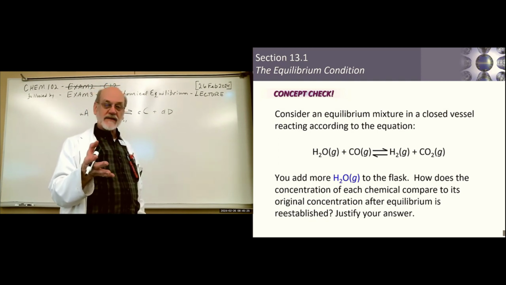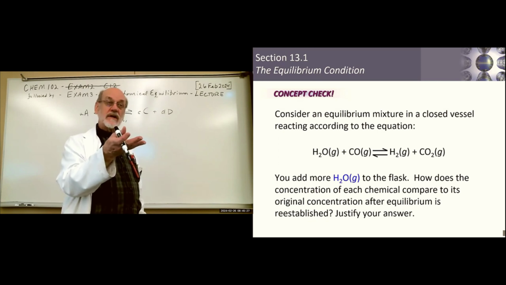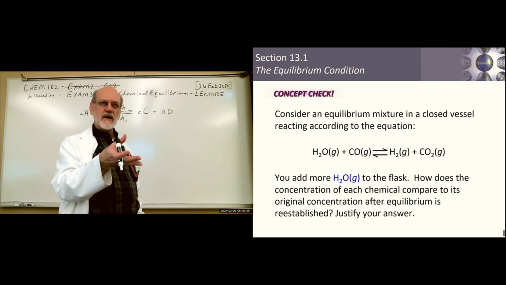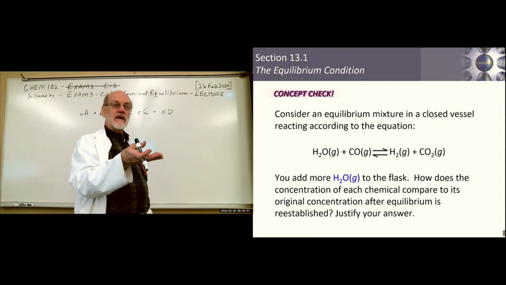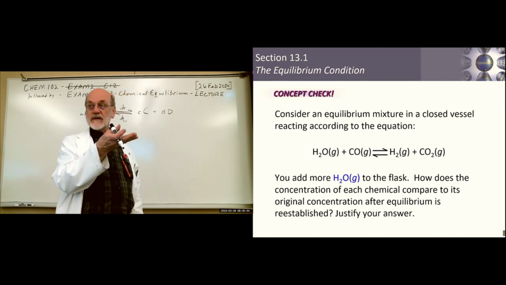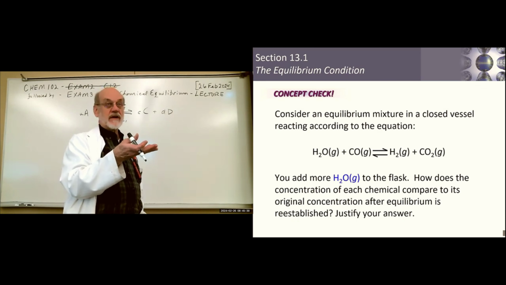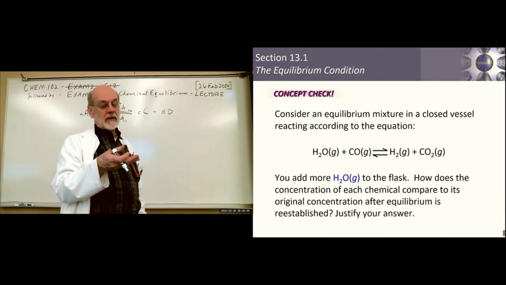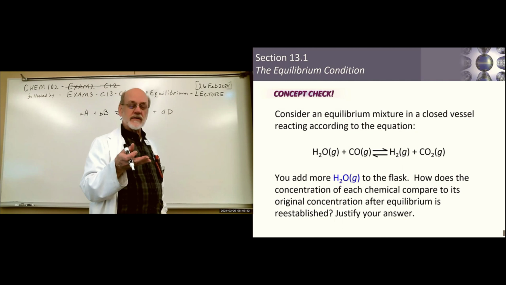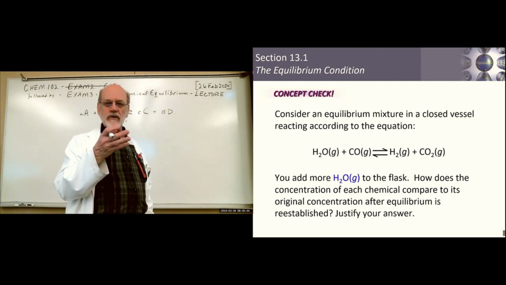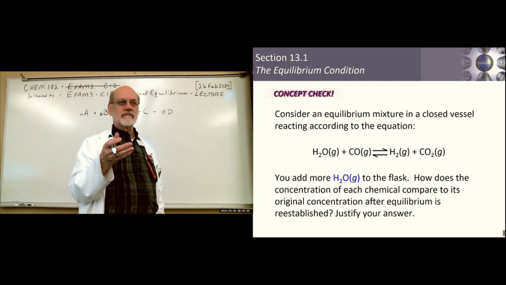And what you're going to find is that with that increased amount, we look at the reaction rates. So if we increase the concentration of a reactant, the rate's going to increase, correct? We learned that in chapter 12. Well, if the rate increases in the forward direction, what happens in the reverse direction?